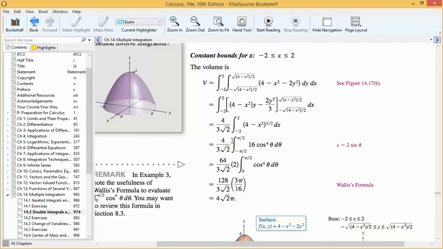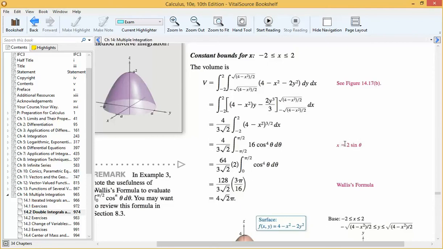So if you plug this 2 into this formula right here, then you'd have sine theta equals 2 sine theta, or sine theta equals 1. Sine of theta is equal to 1 at pi over 2. Then if you plug in this bottom number here, you're going to have -2 equals 2 sine theta. So you get sine theta equals -1.